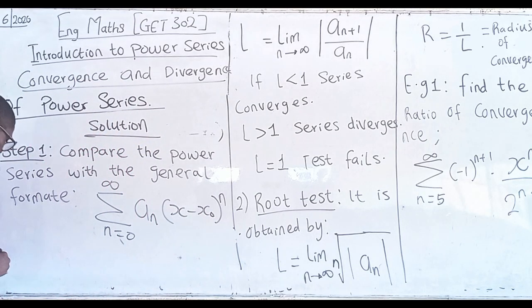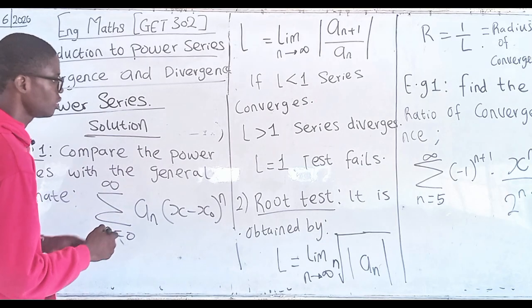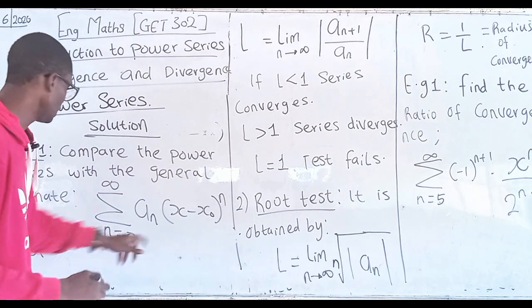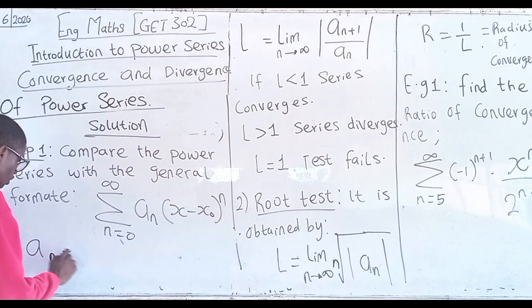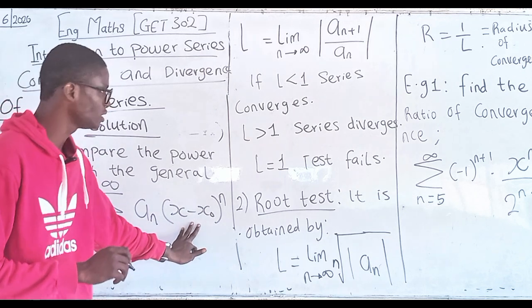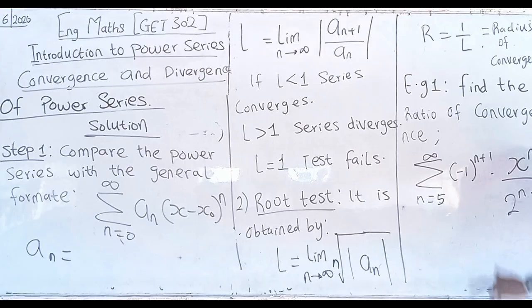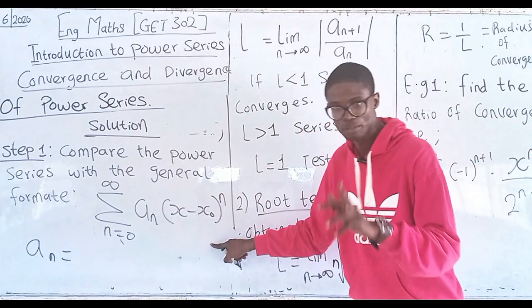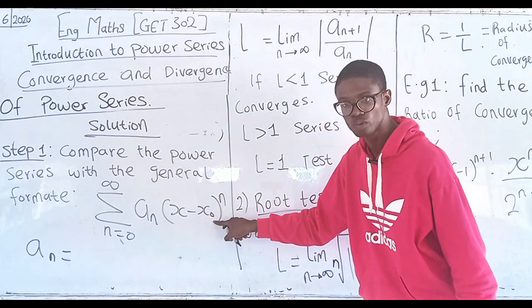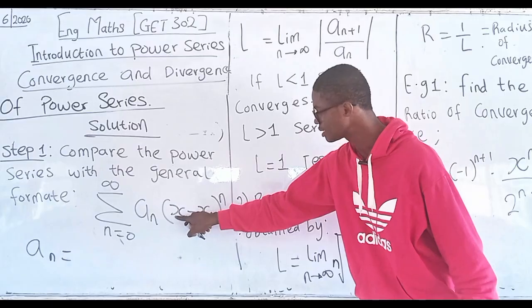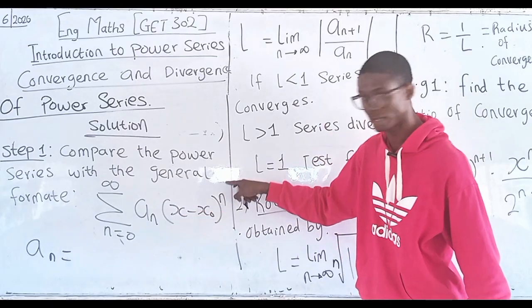So from here we can know our a n in this case. If we remove this, because it is the same thing as saying x raised to the power n. Remember, when x naught equals 0, you get x only raised to the power n.